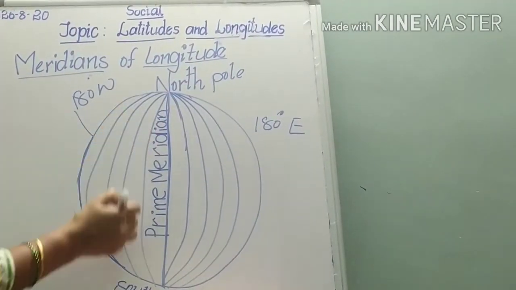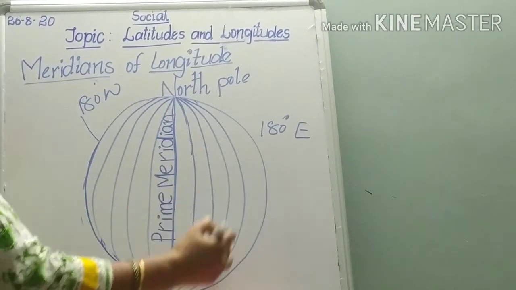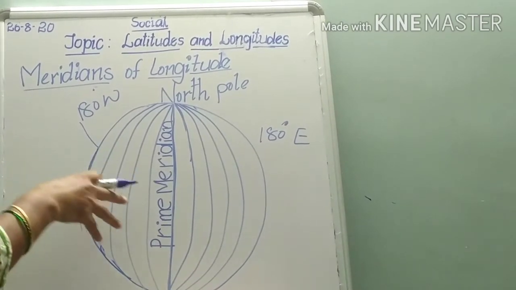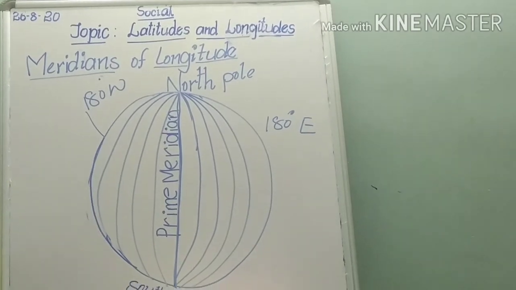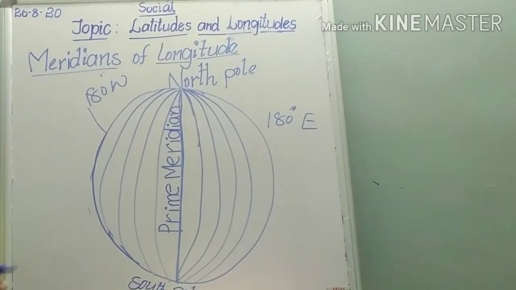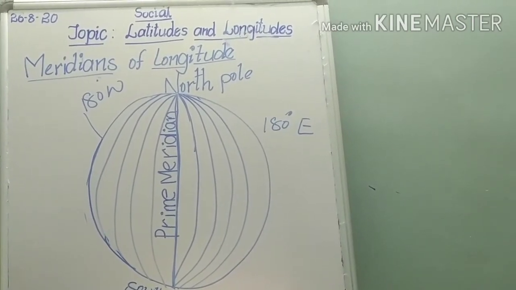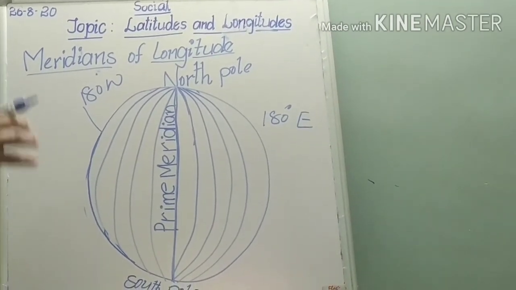These vertical lines are imaginary lines. A number of lines pass on the globe. In London there is one village called Greenwich. Specifically, the prime meridian passes through this village.